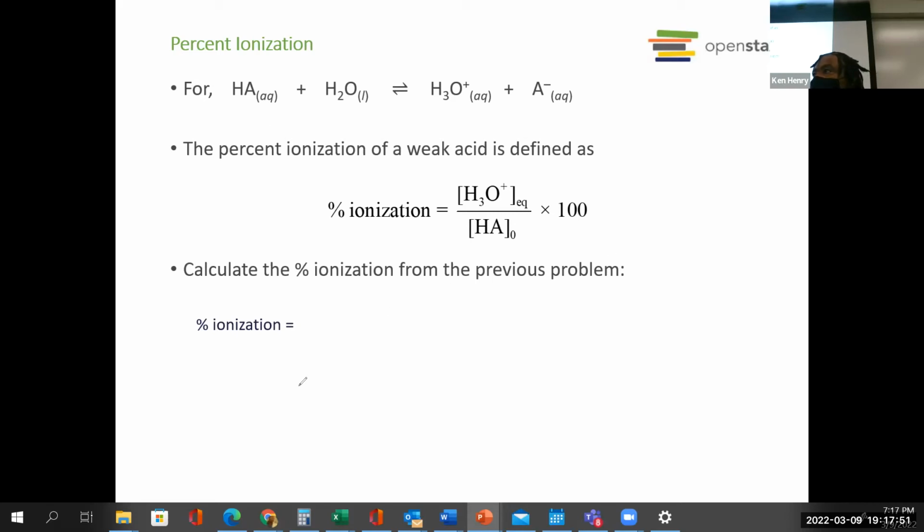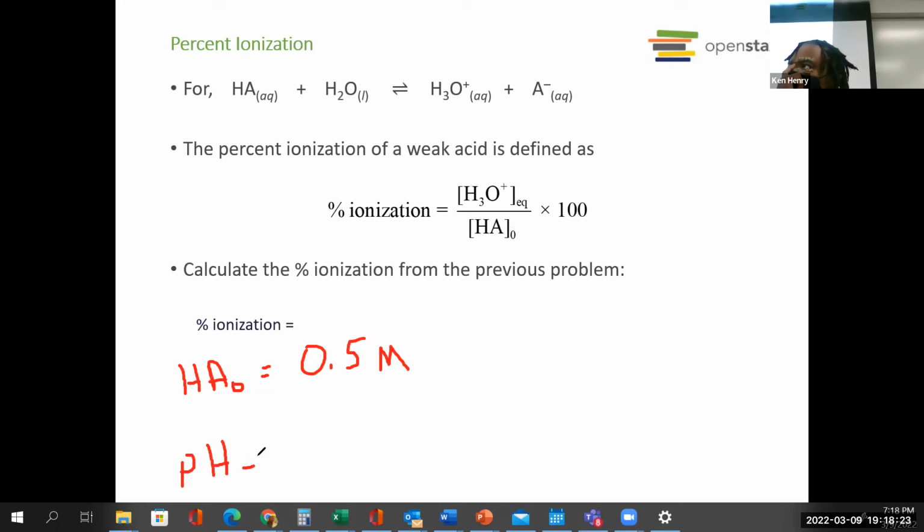So let's assume that we have an acid HA, with HA naught equal to 0.5 molar. And then let's assume that we have a pH of 2.